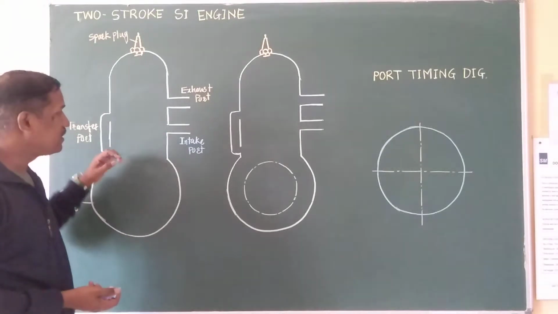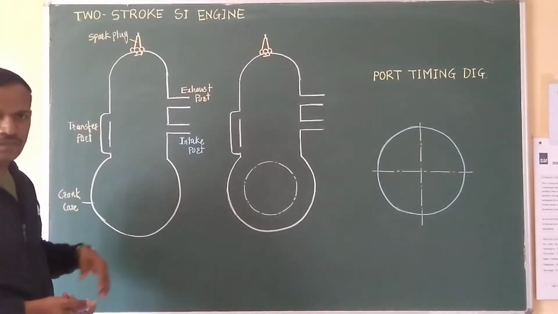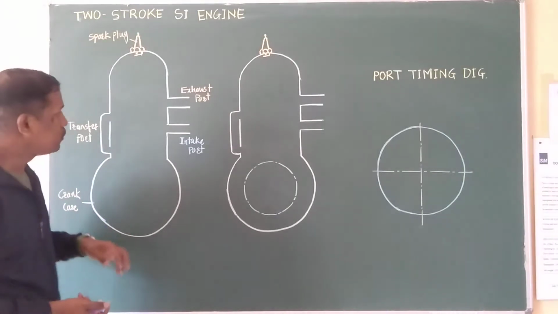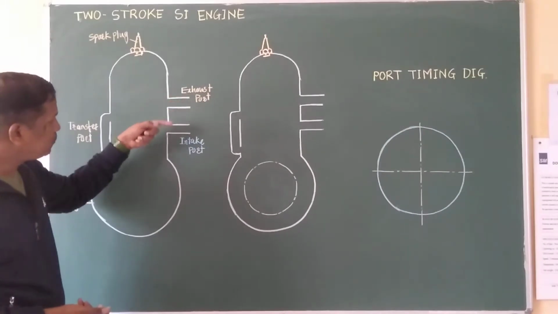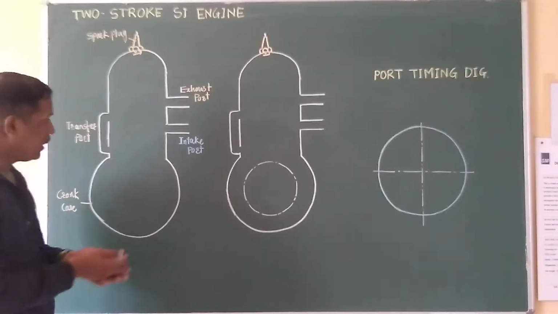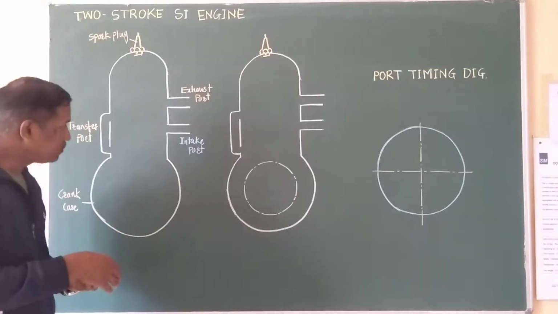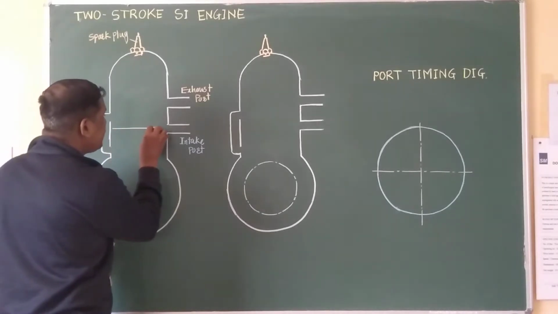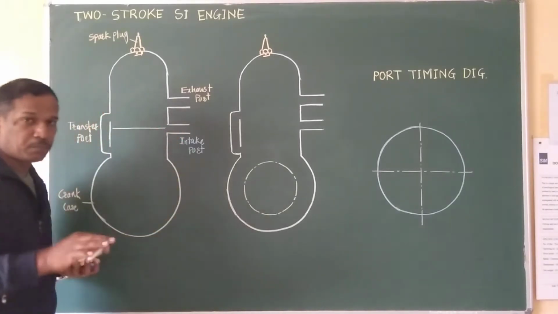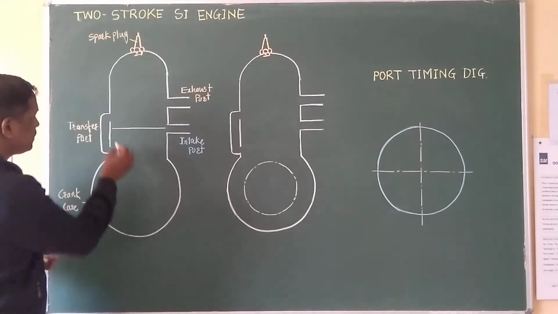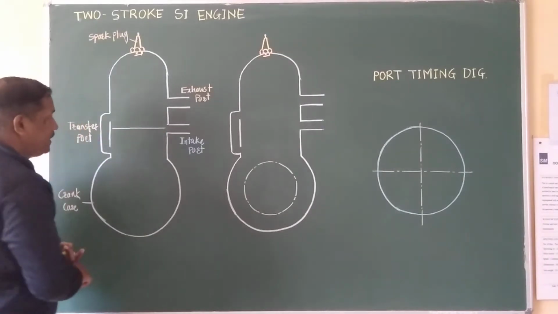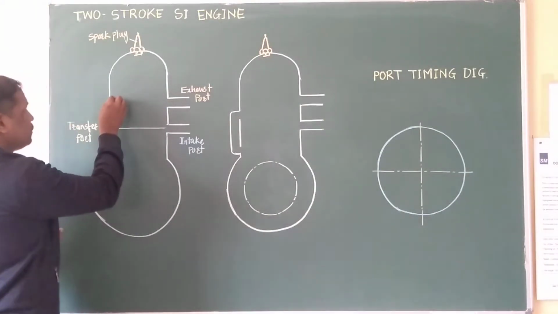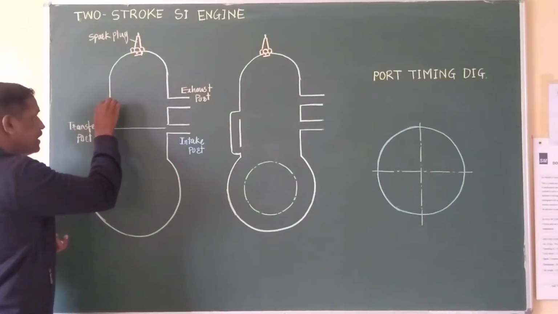So our piston should be such that there must be intake of fresh charge, so we can say the suction process is there, and there must be compression, so we say the compression process is there. There are 3 ports: exhaust port, inlet port and transfer port. Now our piston should be at this level, at least with the inlet port partially or fully open.